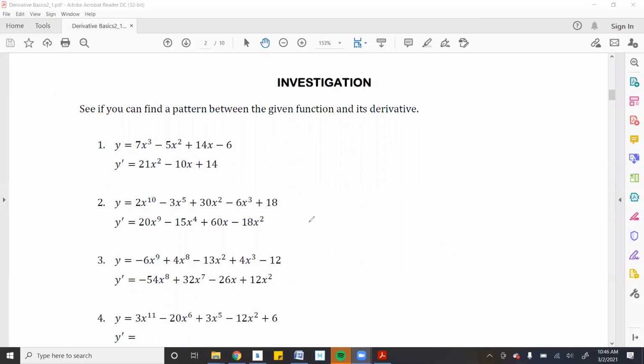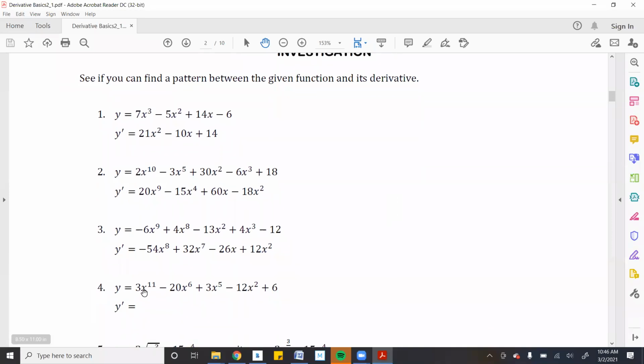Okay, so now that you've thought about the first 3, let's look at this 4th one right here. So we have y equals 3x to the 11th minus 20x to the 6th plus 3x to the 5th minus 12x squared plus 6. I definitely don't want to do the limit definition for this one. Could you imagine expanding something that's to the 11th power?